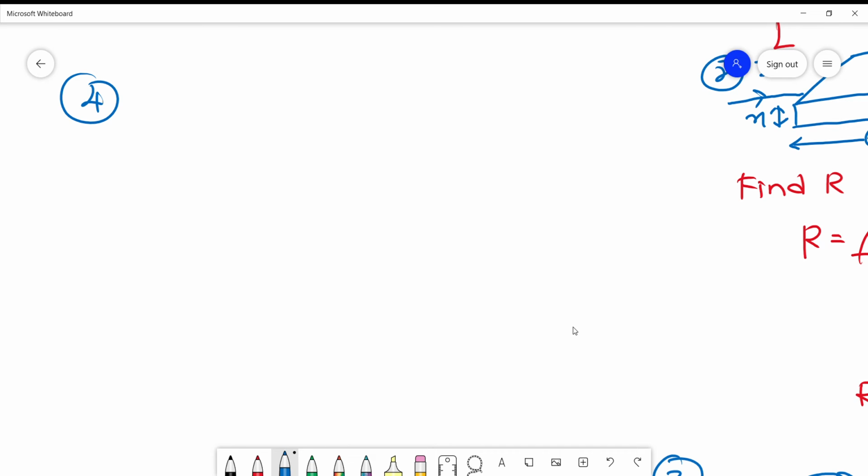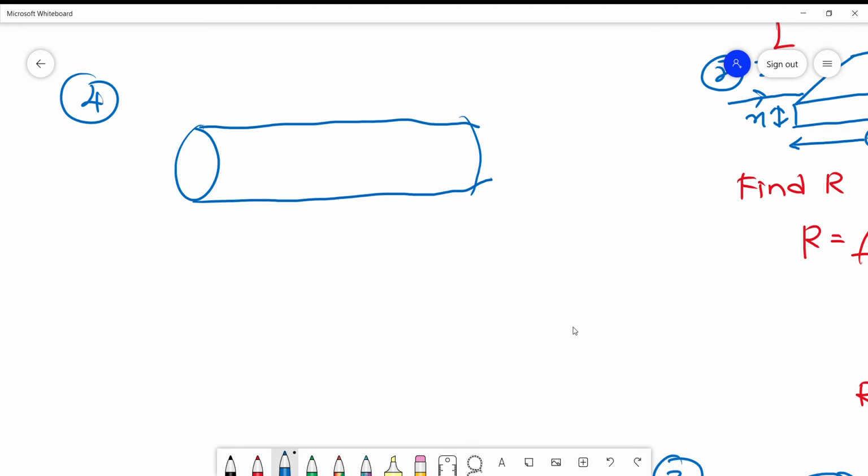So for these examples, consider I have a PVC pipe. This PVC pipe is surrounded by copper wire. This is the copper wire that surrounds the PVC pipe.